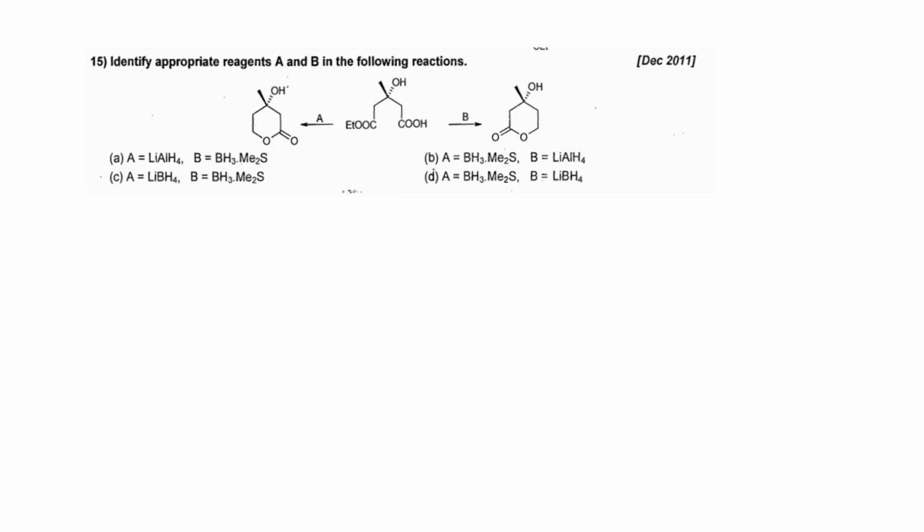So here you can see the carbonyl group is at this part. That means this part was unaffected, only this part was reduced. Here the acid group has been reduced, so B will be BH3, and here the carbonyl group is intact, so this part was reduced, so A will be LiAlH4. The correct option will be option A.